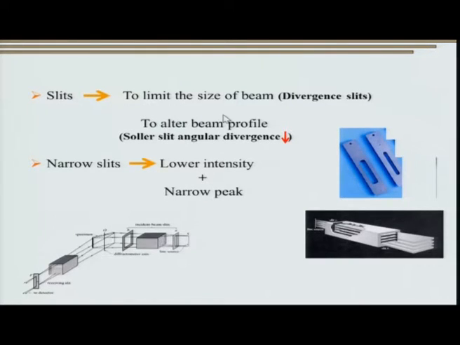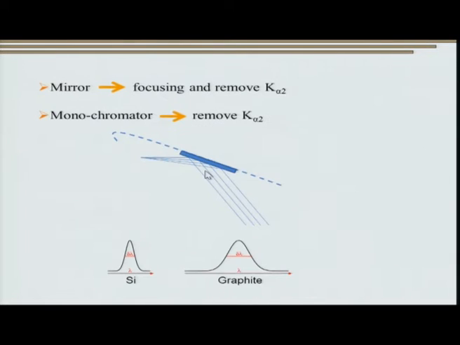At the same time, we can use the slits to alter the beam profile, and the so-called solar slits shown over here can essentially reduce the divergence of the X-ray beam and provide parallel, or rather semi-parallel, coherent X-rays to us. It can be appreciated that narrow slits can lead to a narrow peak and a lower intensity.